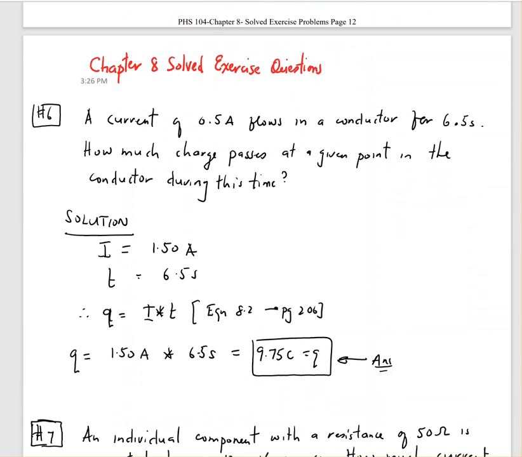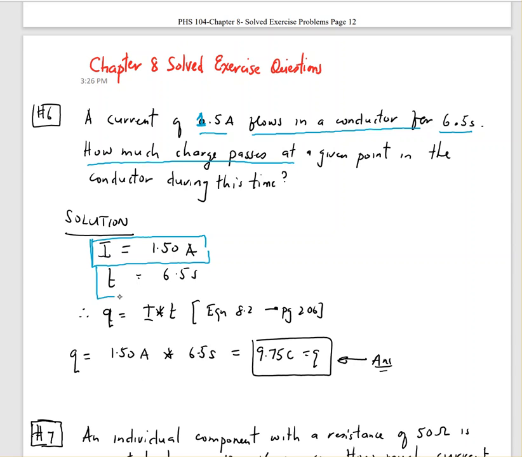Number 6, a current of 0.5 amps flows in a conductor for 6.5 seconds. How much charge passes at a given point in the conductor during this time? So they gave us the actual current, this must be 1.5 here. Made a mistake. So they gave us the current, 1.5 amps.